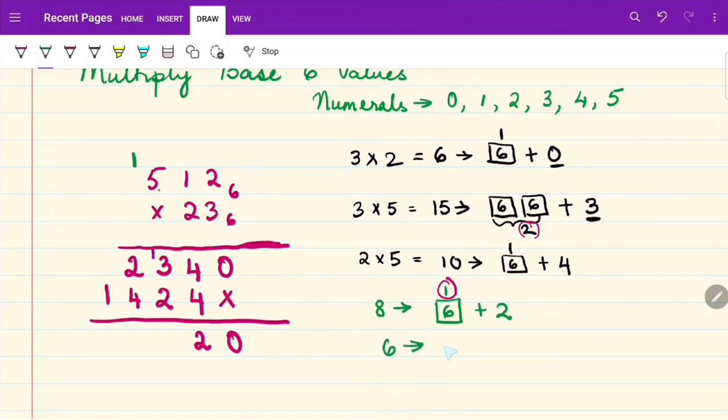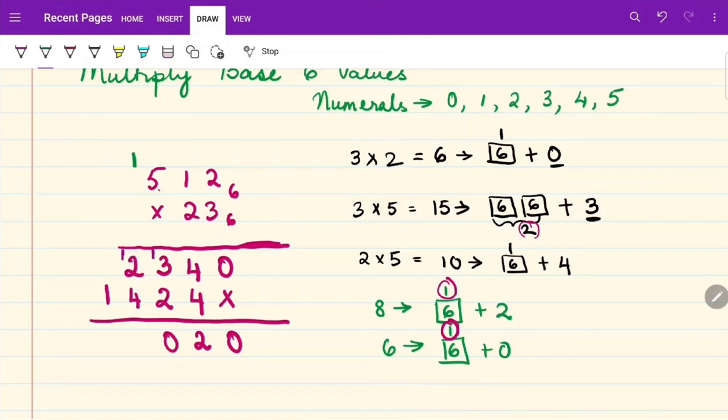So we create one bundle of 6 with 0 remaining, correct? So we write the 0 in the position here. And carry over the 1, which will be added when we add 2 plus 4, 6, plus 1, 7.